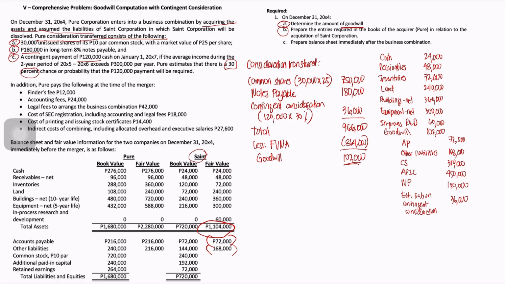Next, to record the acquisition-related costs. Finder's fees, accounting fees, and legal fees are direct costs. Recall that these are expensed outright.